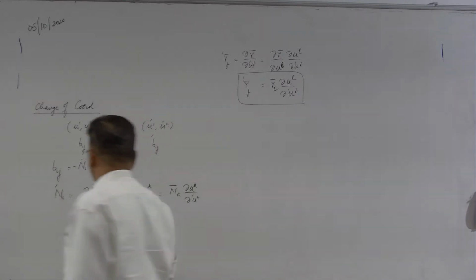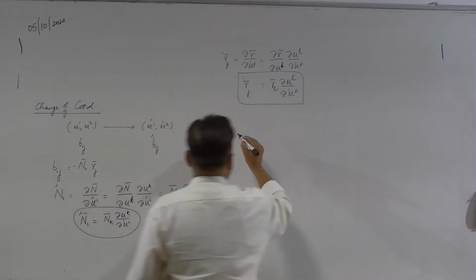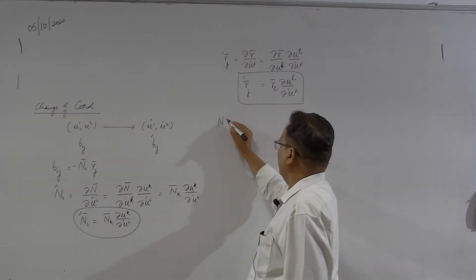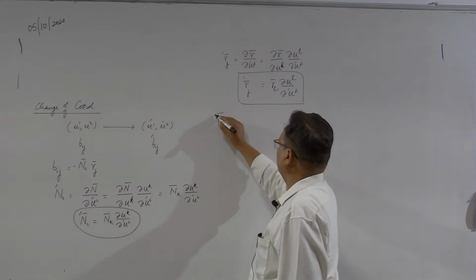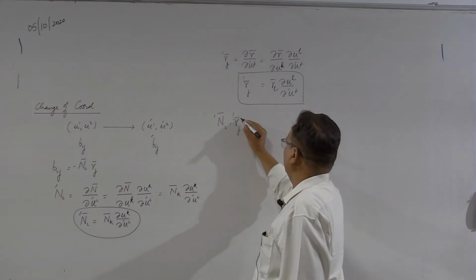Take the dot product of n dash i and r dash j. On the left side I will have n dash i dot r dash j.